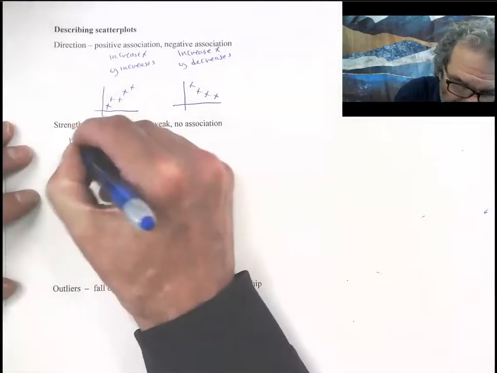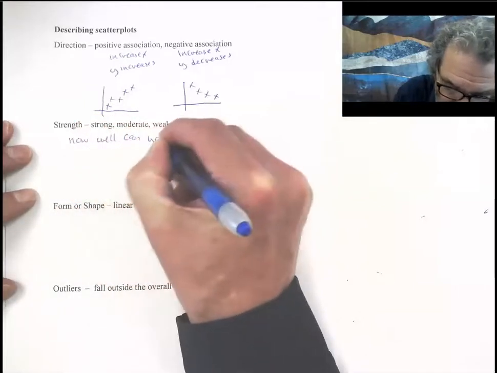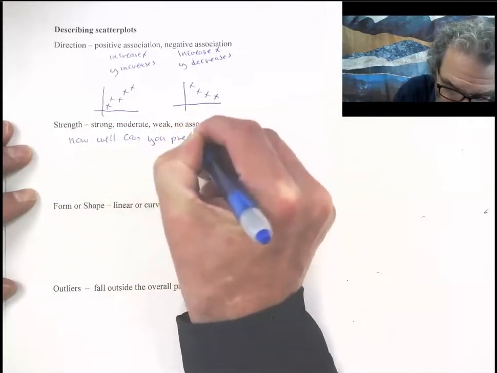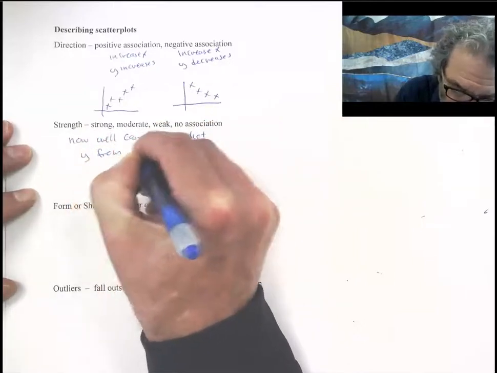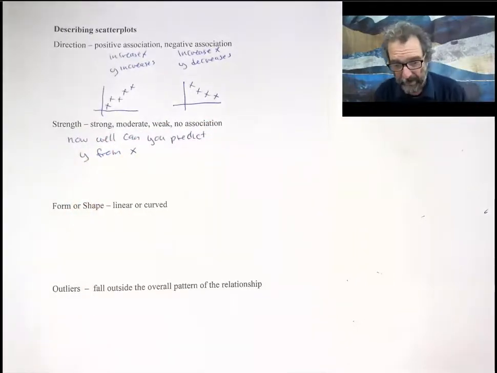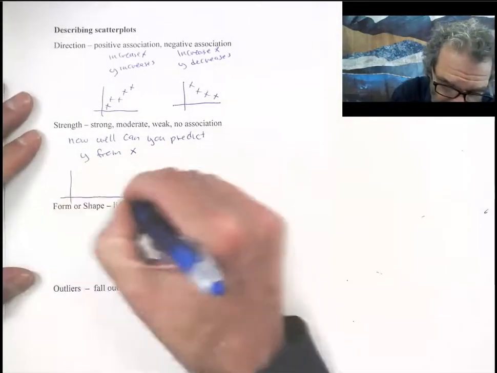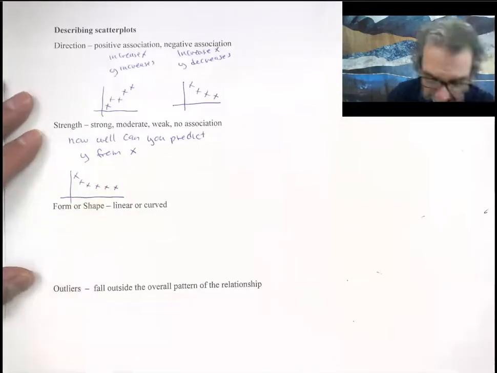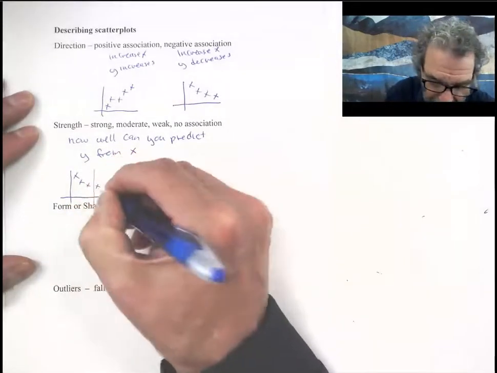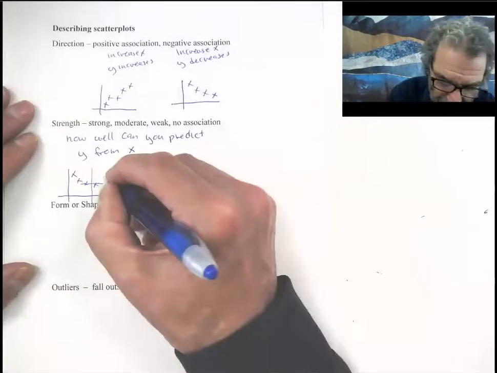Then strength: strong, moderate, weak, or no. It says how well can you predict y from x. If the pattern is very well defined, maybe it looks like this, and once you pick a horizontal value, you know what the vertical value is, you would say strong.